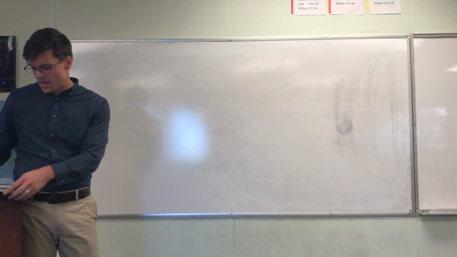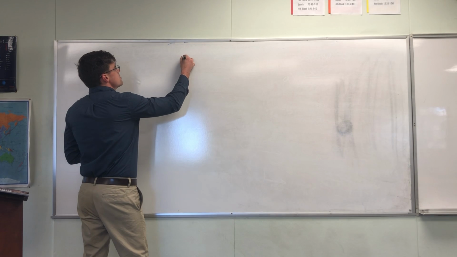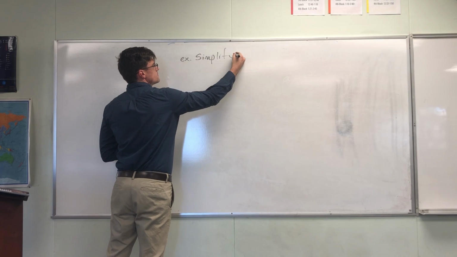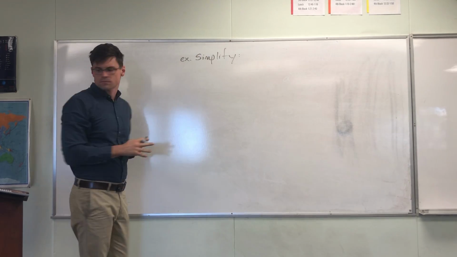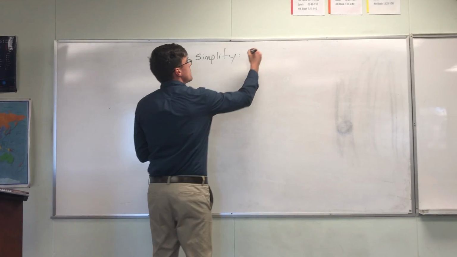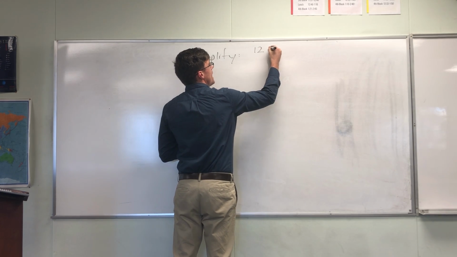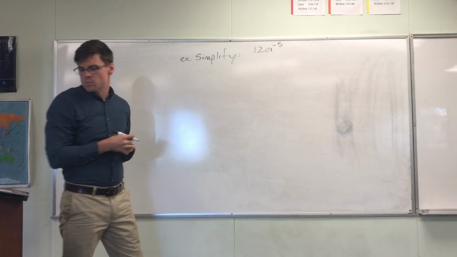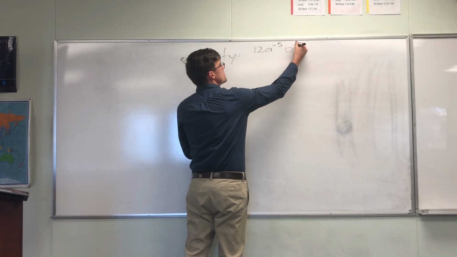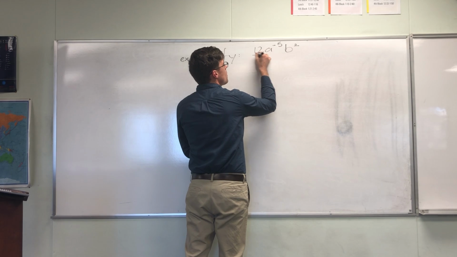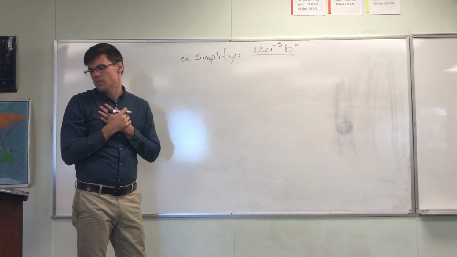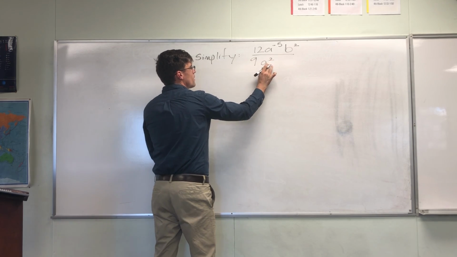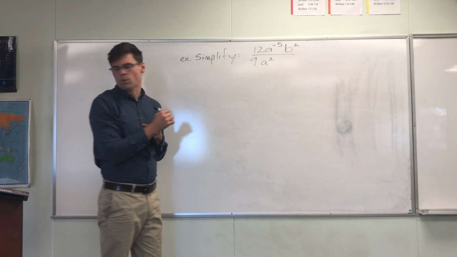So let's say we wanted to simplify (12 a to the negative 5th power times b to the 2nd power), all divided by (9 a to the 2nd power times b to the 4th power).